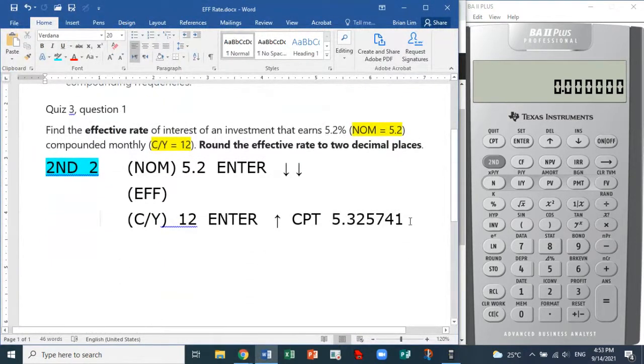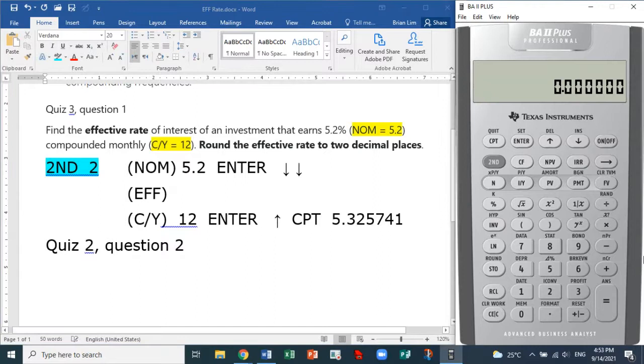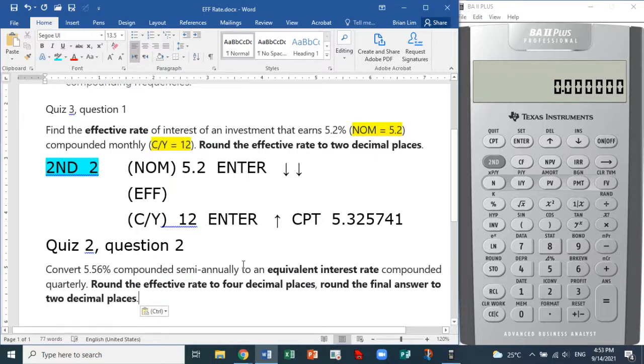So let's say we come down here and put this as quiz 2, question 2. All right, and then we paste. Oops, sorry. It wasn't in position, so there we are.